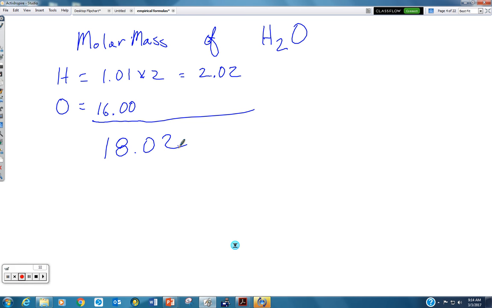That tells me that water is 18.02 grams per mole. Now we're going to move to the next step. If I have 2.5 moles of H2O, how many grams is that?